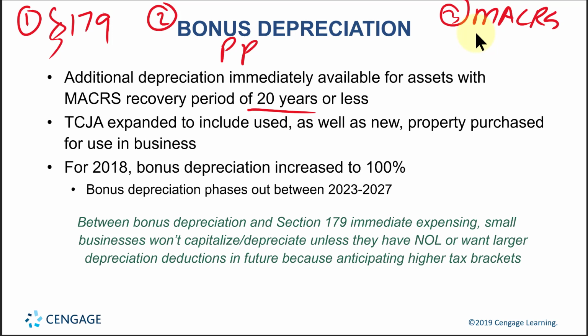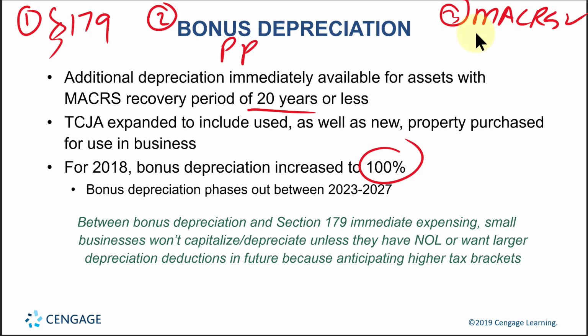And in the year you place it into service, you get to deduct the whole thing. So that typically means there's nothing left over for the MACRS depreciation that we've been learning so far. And for most small businesses, they probably will deduct the whole thing for small items they buy, a computer, maybe even an automobile.